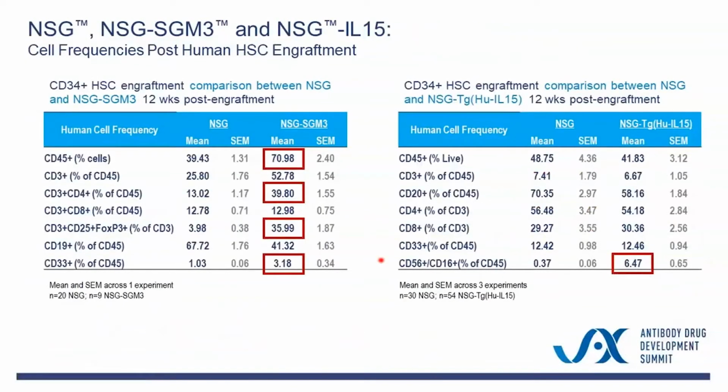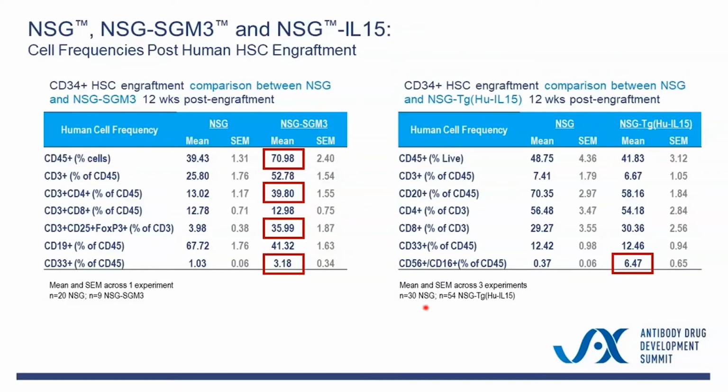So if you do side-by-side studies where you're injecting the same stem cell donor in either NSG or the SGM3, and then you look 12 weeks later, which is when engraftment stabilizes in these mice, and you compare these different cell populations, you could see that overall, with those human growth factors, you improve overall engraftment at this time point, CD4 cells, regulatory T cells, and of course the myeloid population.